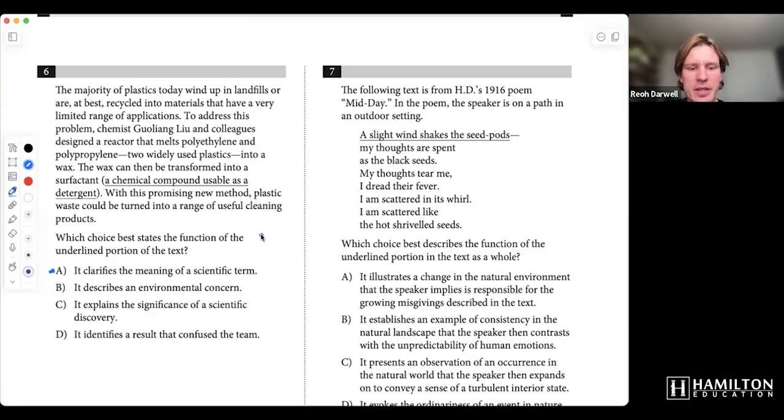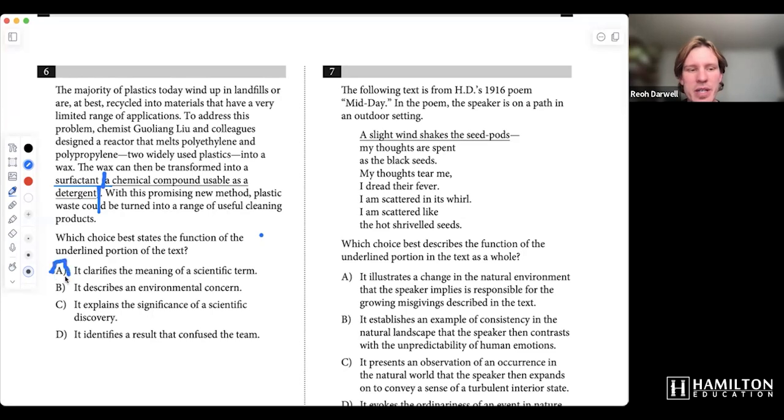Okay, question 6 is asking about the purpose of an underlined portion of text. We have a scientific passage here, meaning we're given a piece of scientific jargon, right? Technical language, which usually on the SAT will be defined. Here it's defined by these parentheses, a chemical compound usable as a detergent.